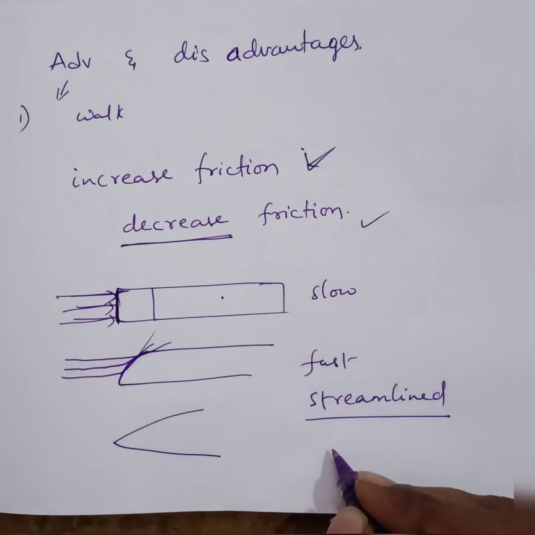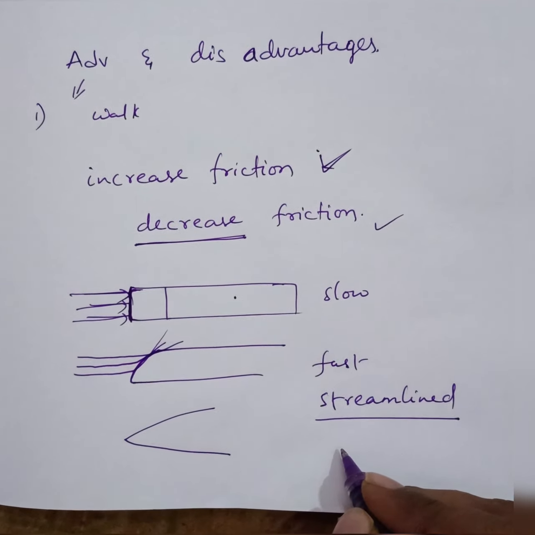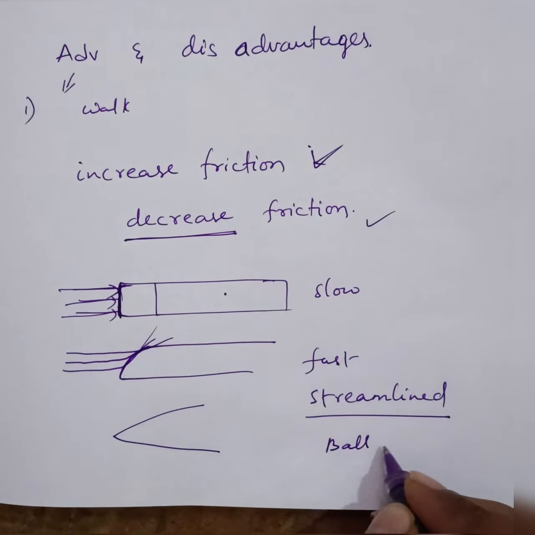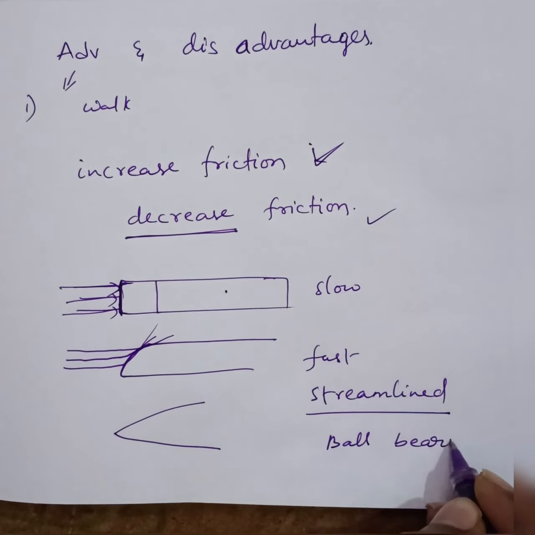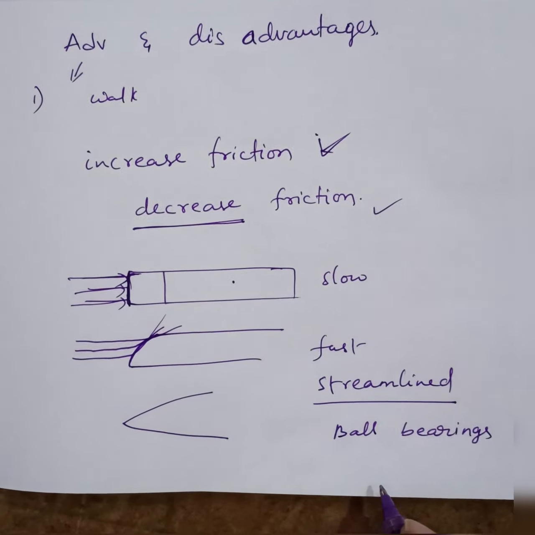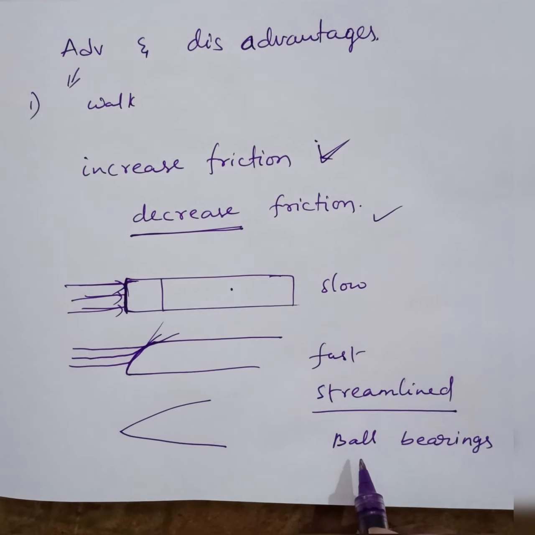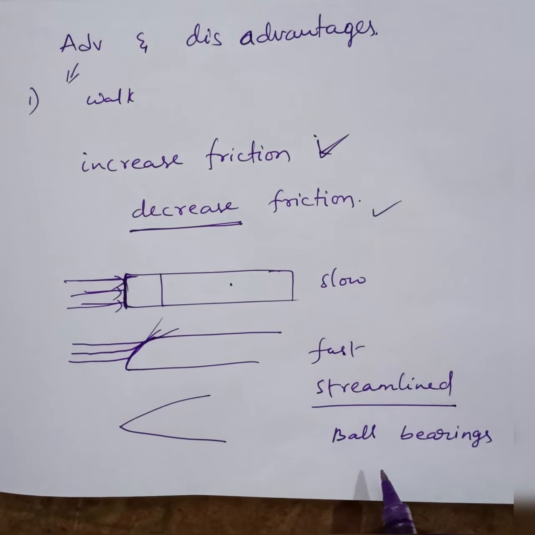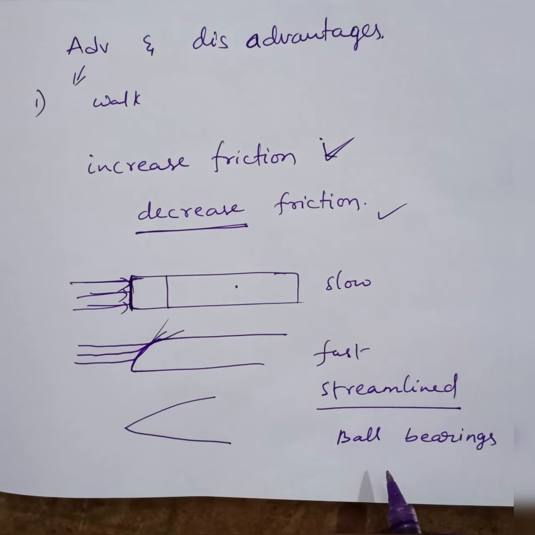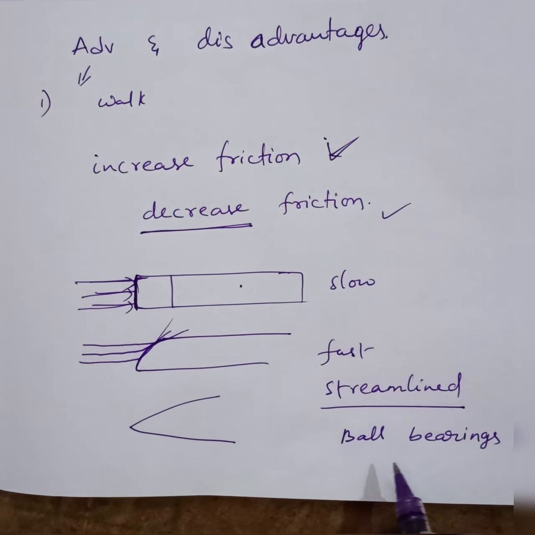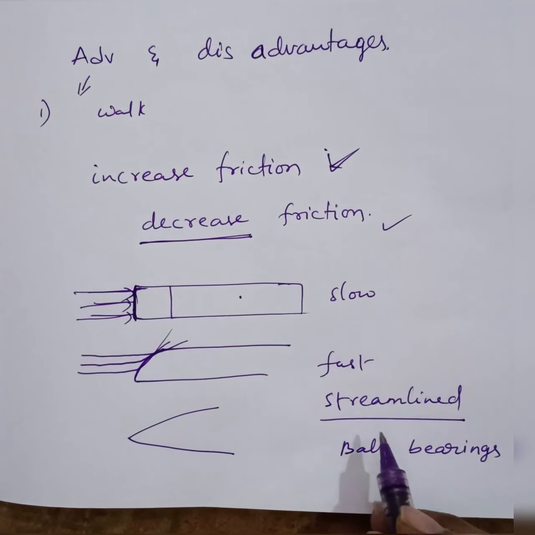In vehicle wheels, we can use ball bearings. As we discussed, rolling friction is less than sliding friction. Ball bearings are used in the wheels.